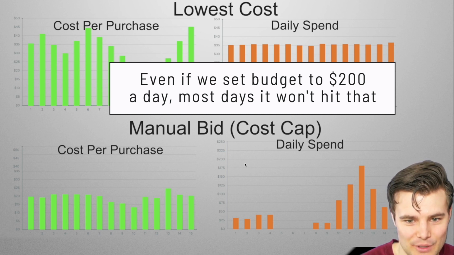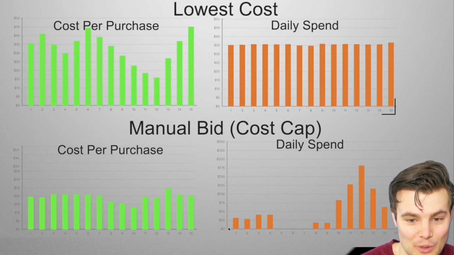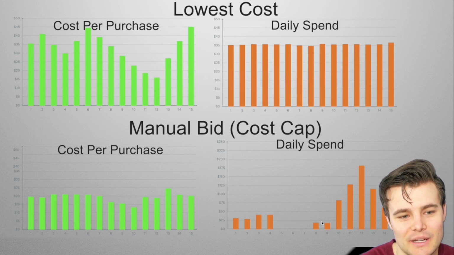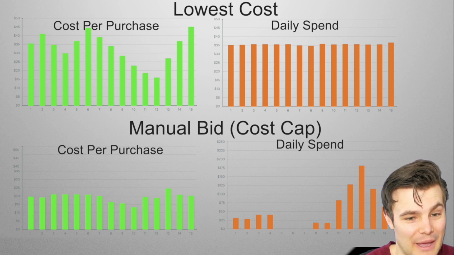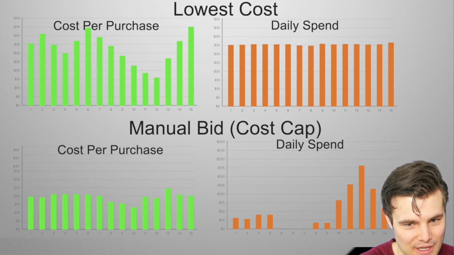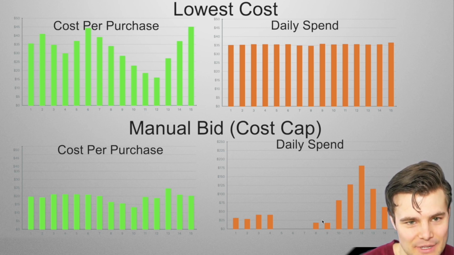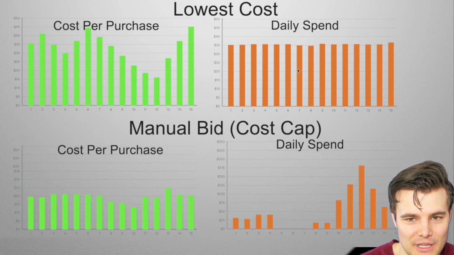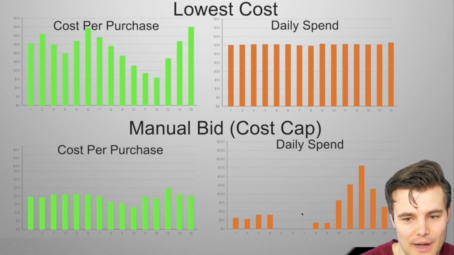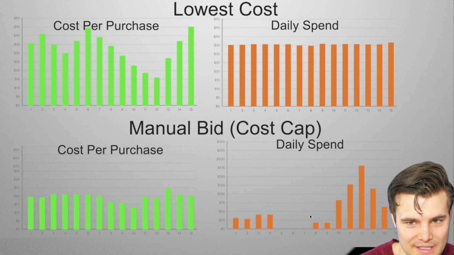So you could say, okay, I'm willing to spend $200, whereas most days you're only going to hit a fraction of that because it's basically just picking off the uncompetitive auctions and kind of working its way up to $20, and then it has to stop. So I actually like running both of these at the same time because then I'm getting consistent sales with varying results, but then on really competitive days, I'm not losing money on the cost cap.